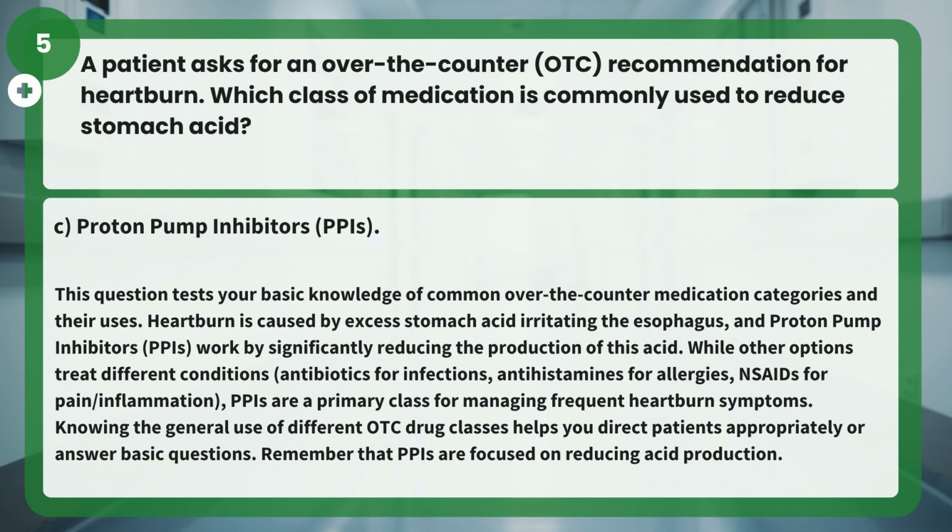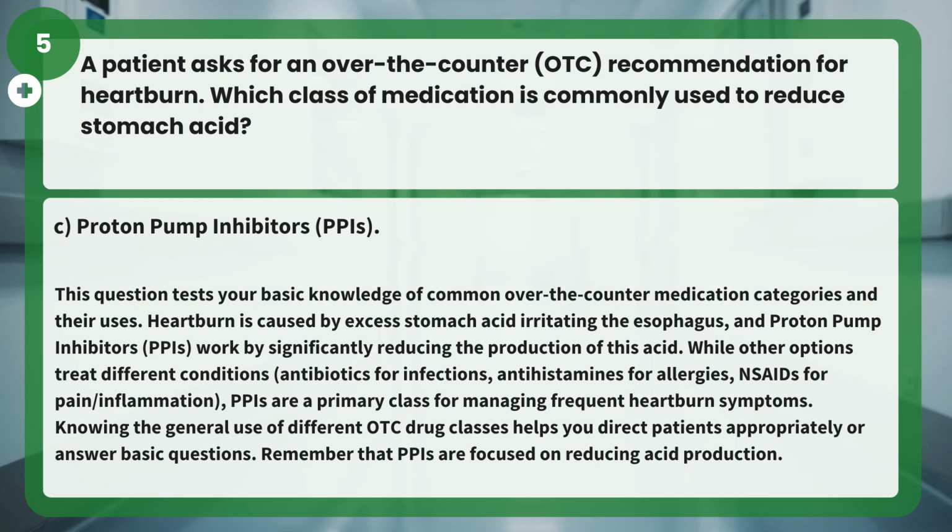This question tests your basic knowledge of common over-the-counter medication categories and their uses. Heartburn is caused by excess stomach acid irritating the esophagus, and proton pump inhibitors, PPIs, work by significantly reducing the production of this acid.